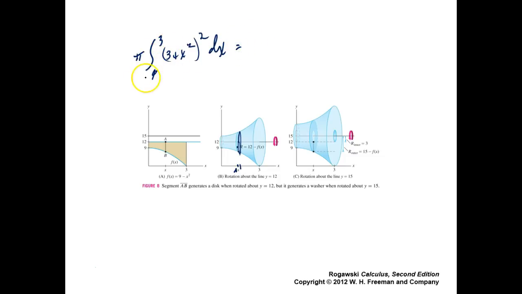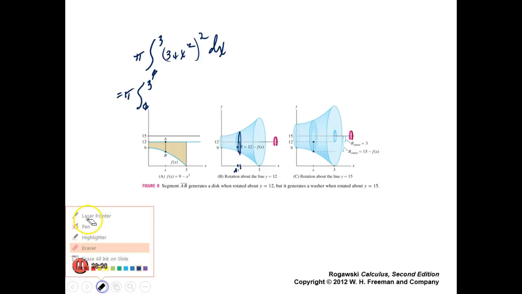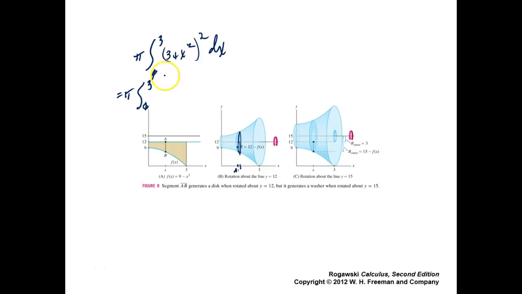Let's maybe keep it here. Pi times the integral from 0 to 3 of, can you do that? Square that binomial. Okay.